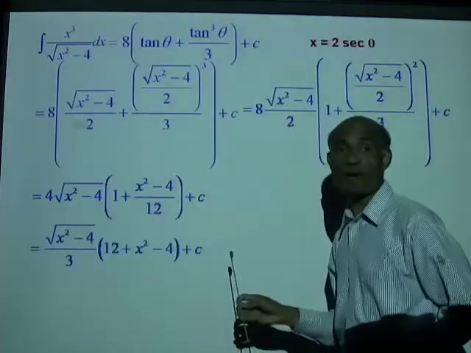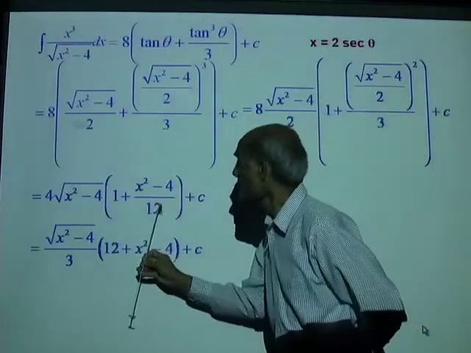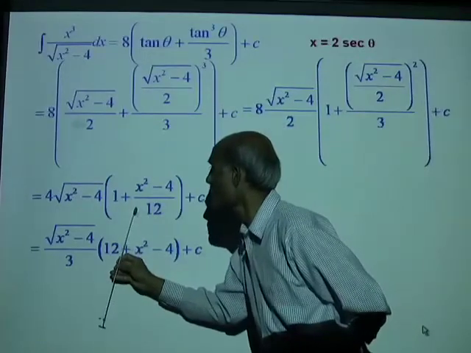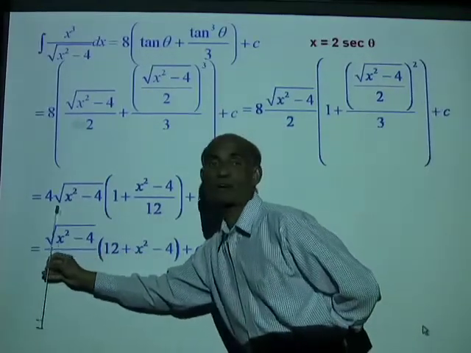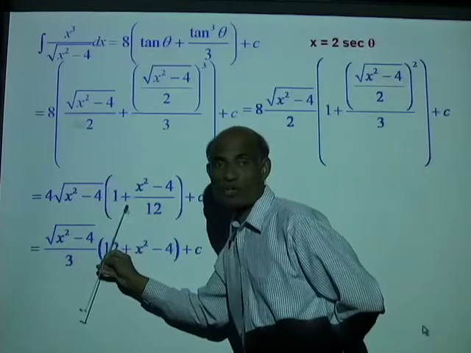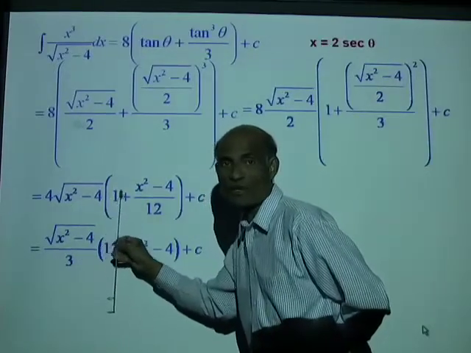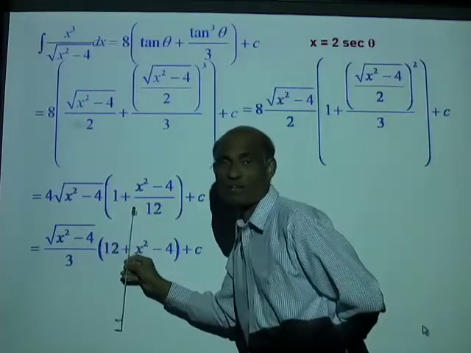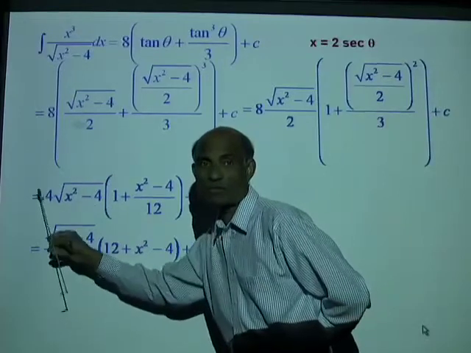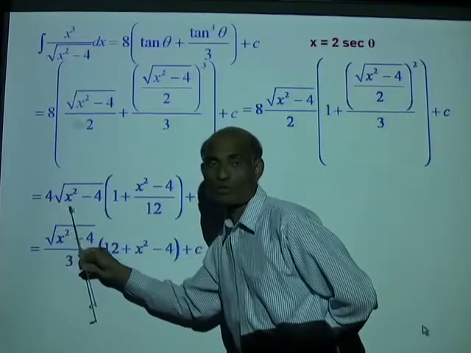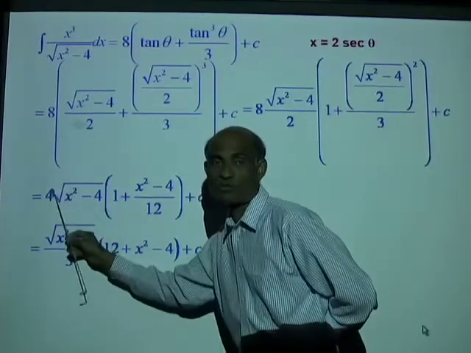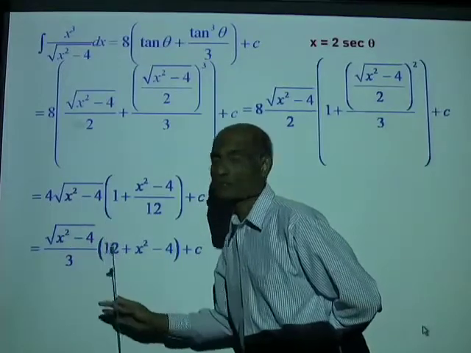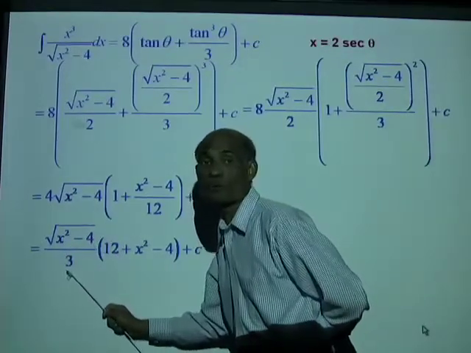And now simplify that again. Now take 12 as the common denominator and bring it out. When 12 is the common denominator, this 1 will multiply by 12. And the 12 comes out. This 4 goes with the 12 3 times. So this quantity now becomes square root x squared minus 4 over 3.